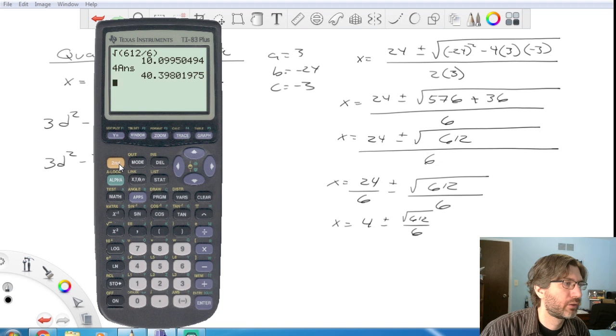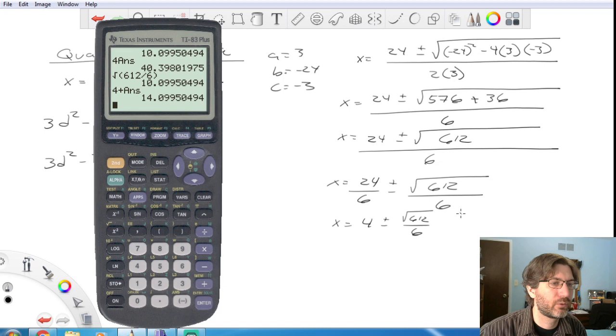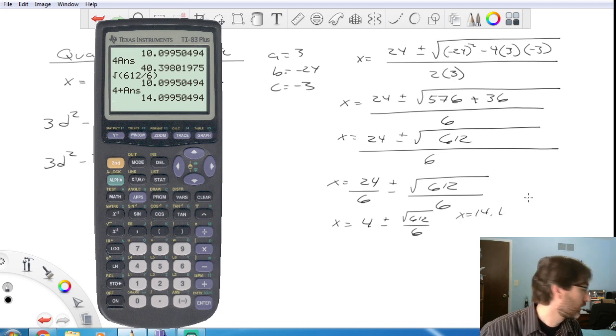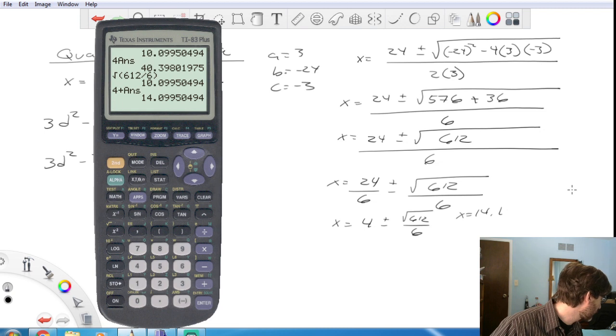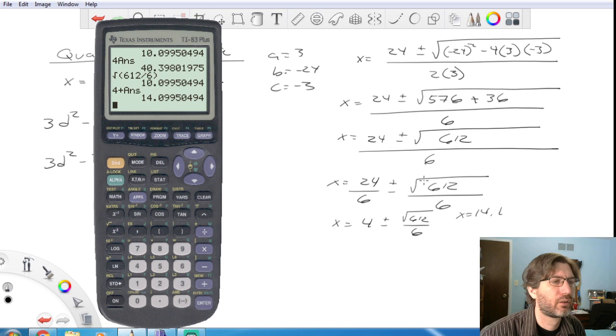Great. Get that answer, and I want 4 plus that answer. Gives you x equals 14.1-ish. I'm checking my book because that doesn't make sense either. No, I'm not getting the right answer there either. I'm not having good luck with this formula today.